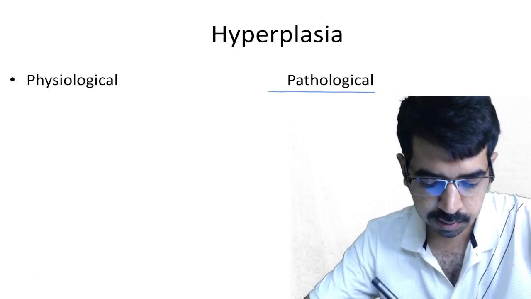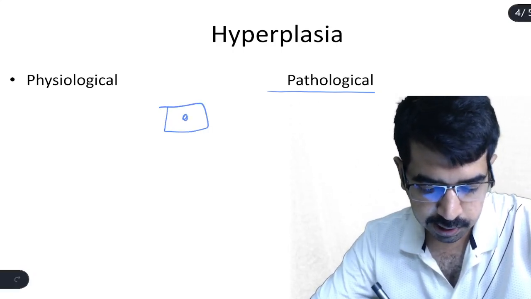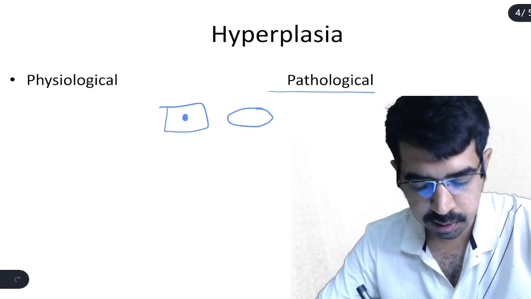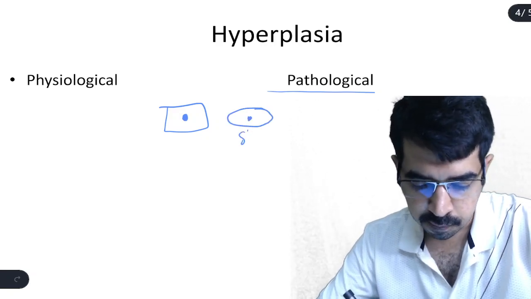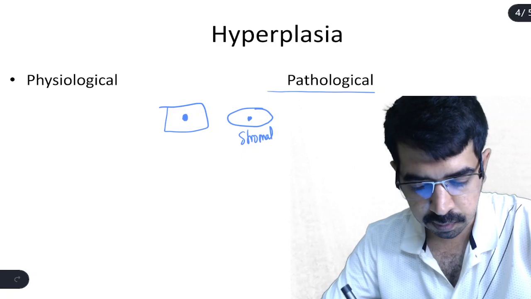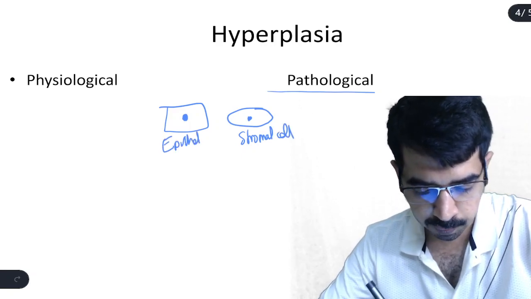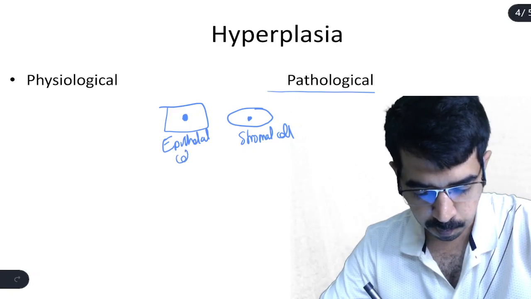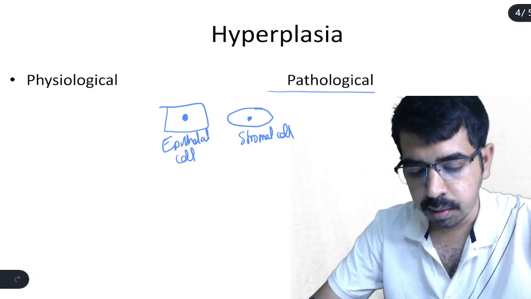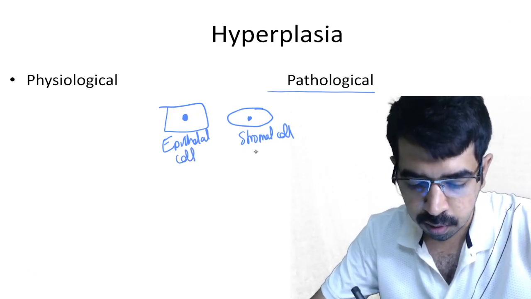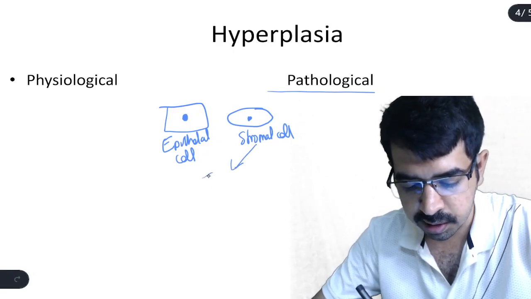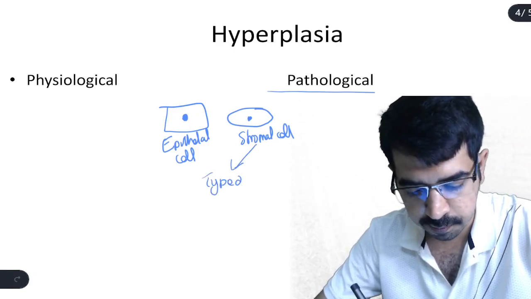We know that there are epithelial cells and stromal cells in the prostate. We can assume this is a stromal cell and this is the epithelial cell. This stromal cell secretes not a hormone but an enzyme called type 2 5 alpha reductase.